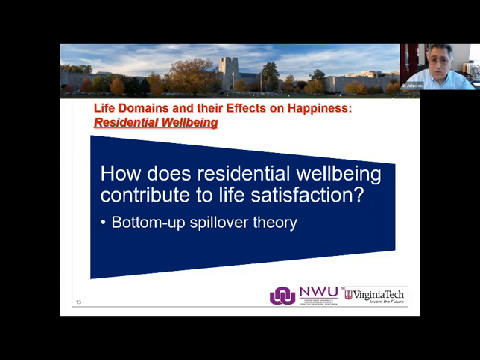And it does that through, again, a bottom-up spillover, in which there are some very specific life events at the very bottom of the pyramid related to housing, the neighborhood, the community, and the positive and negative affect related to these life events tend to spill over vertically, meaning from bottom to up, to influence overall satisfaction with housing, overall satisfaction with neighborhood and community, and that domain satisfaction influences life satisfaction at large.